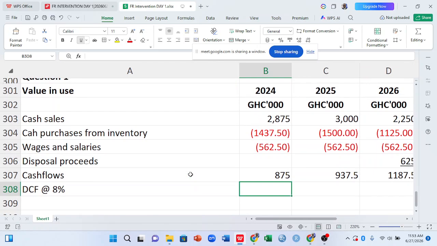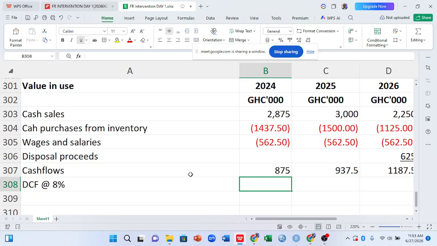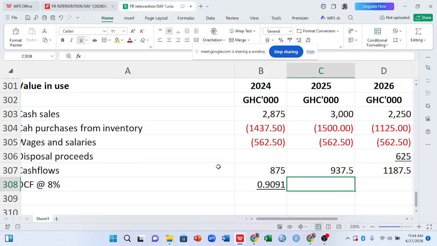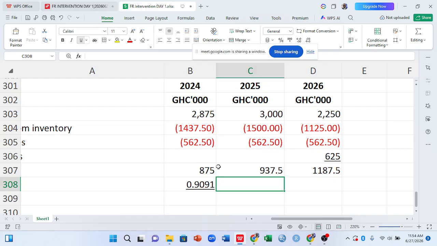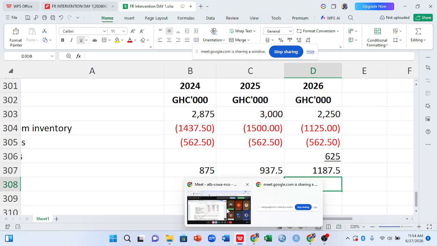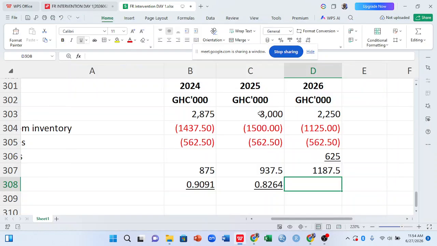Let's see it in four decimal places. Year one is 0.909. Then year two is 0.8264.